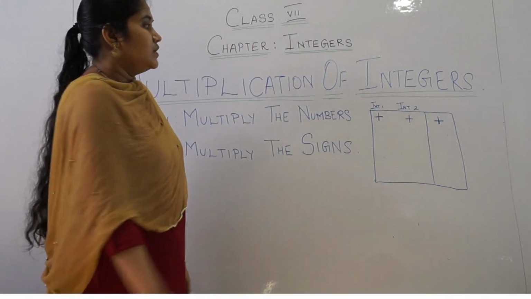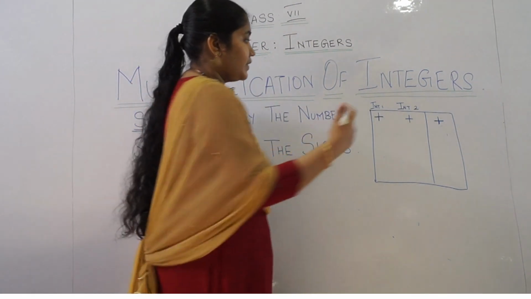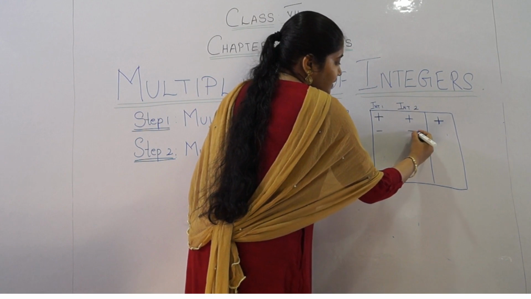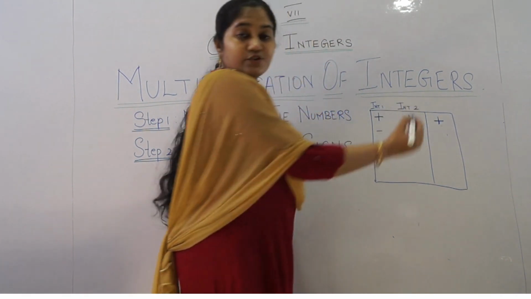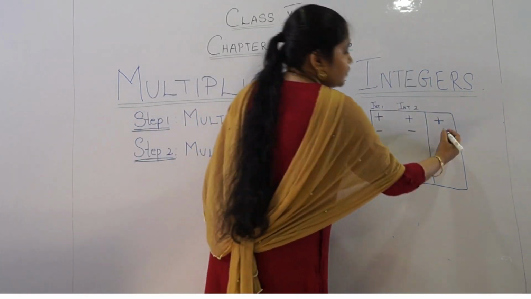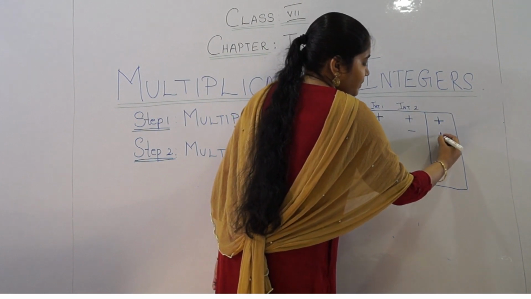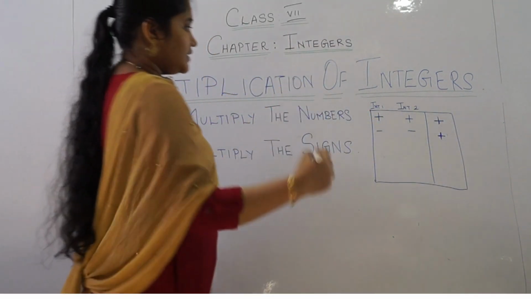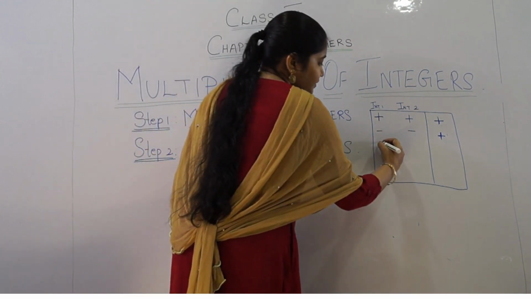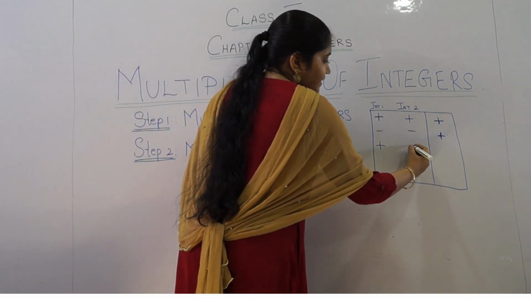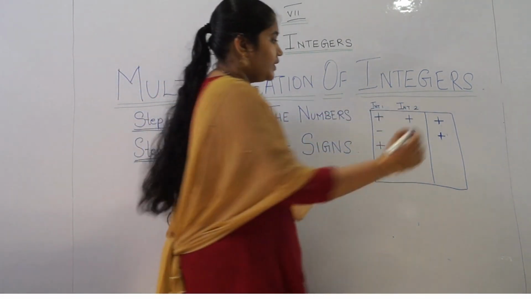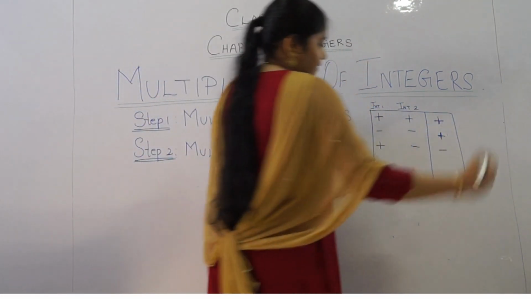The next type, when integer 1 is negative and integer 2 is also negative, so minus into minus will also give you plus, so your answer will be positive. The third type, my first integer is positive, my second integer is negative, so plus into minus will give you a minus sign.